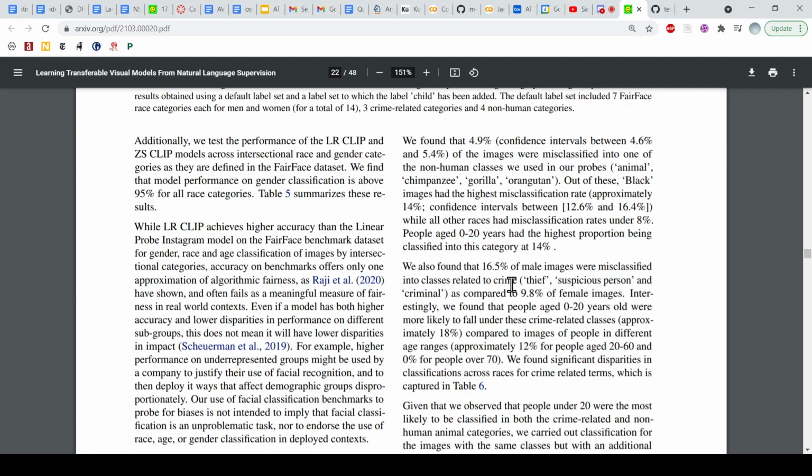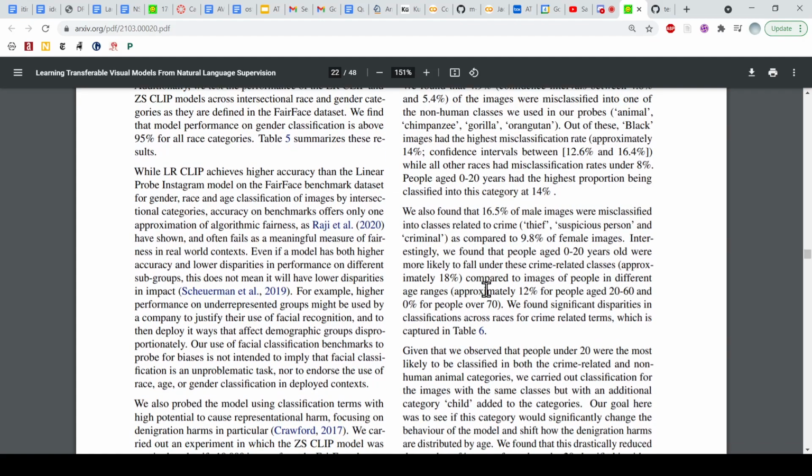Oh, that's messed up. Male images were misclassified into classes related to crime, as compared to 9.8% of female images. Interestingly, they found that people aged 0 to 20 years old were more likely to fall under crime-related classes.